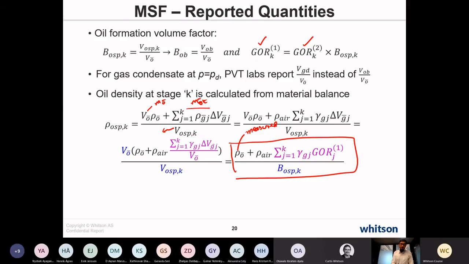And this is the total mass of the gas released until the pressure stage K, which is here. So that's just a simple material balance.